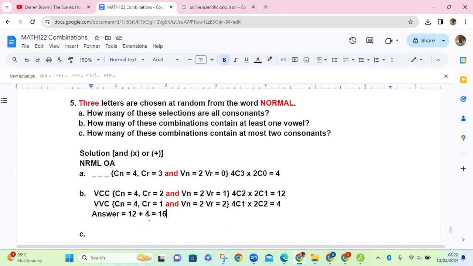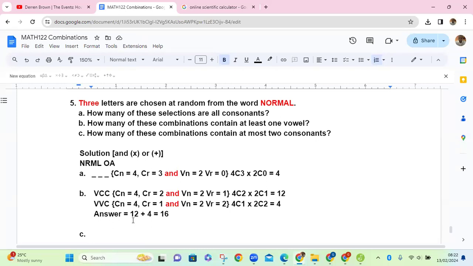Now the and I just mentioned is an arithmetic and, which is the plus. When you add in arithmetic, like say 5 and 5 is 10, so 12 and 4 is 16. So take note of the juggle between probability analysis and arithmetic with the usage of the word and. And in probabilities is times, and in arithmetic is plus, while or in probability is plus. Now part C says, how many of these combinations contain at most two consonants? So it's a similar analysis, but at most two consonants.